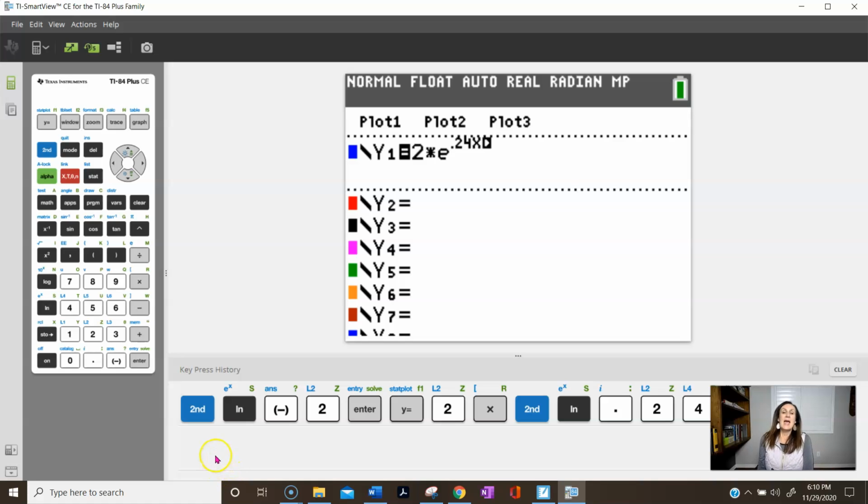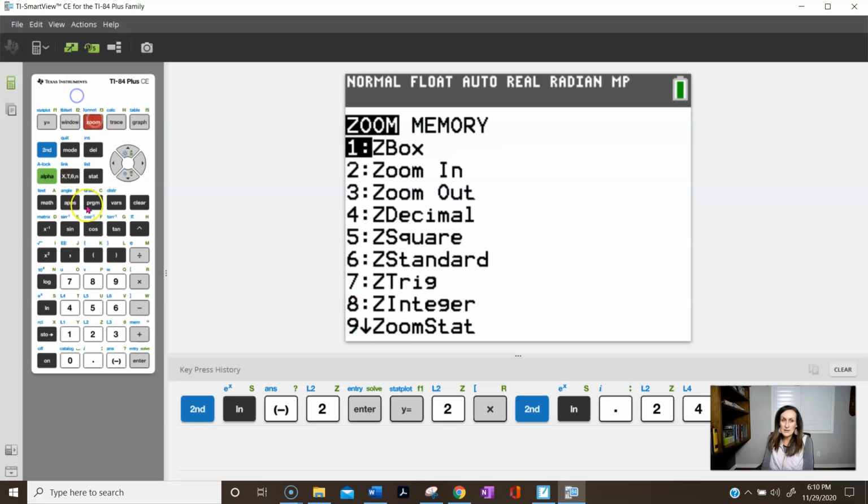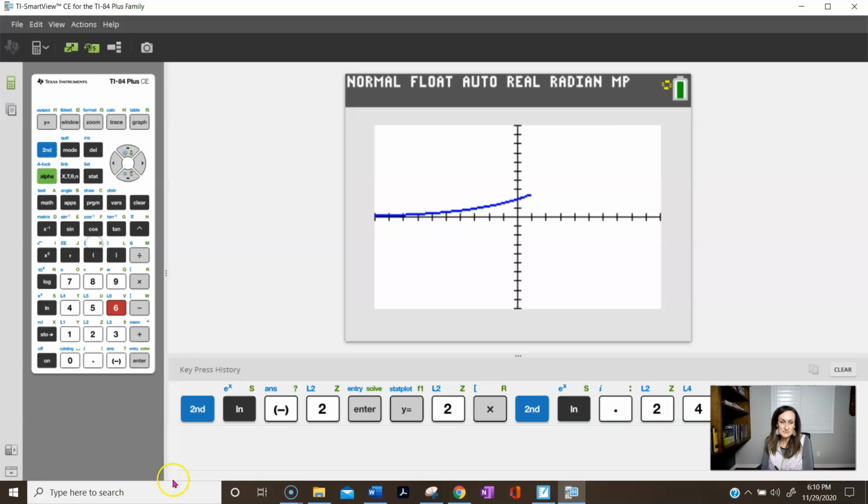If we want to see what this graph looks like, we can do a zoom and then pick 6 for standard. And there's that graph. So I'm going to graph that in my notes.